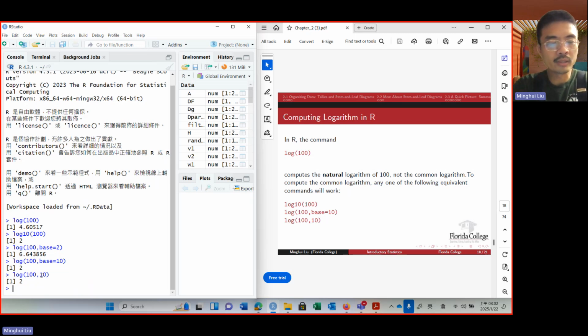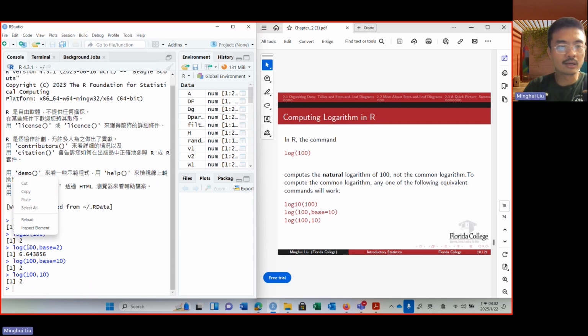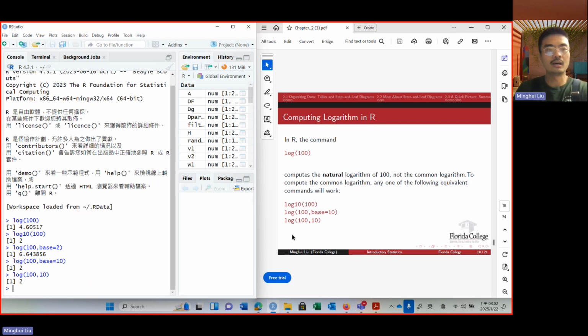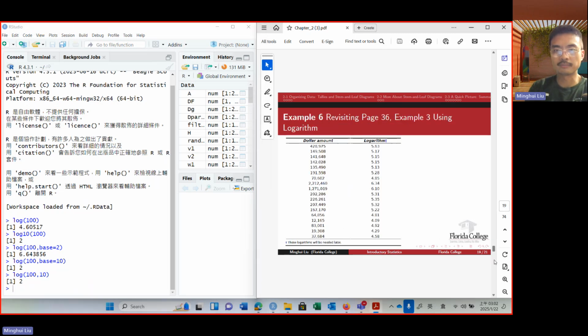Even though this is shorter, I don't personally recommend it because you can easily forget what this 10 is talking about. But base equals 10 is crystal clear: you are taking the logarithm of 100 with base 10. So log10 of 100, log of 100 with base equals 10, or log of 100 comma 10 will give you exactly the same answer, but not log of 100 directly, because that would be the natural logarithm.